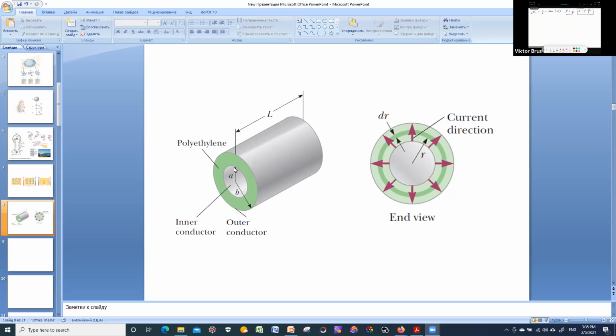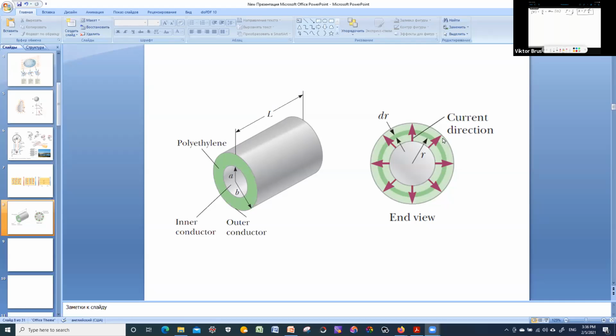The radius of the central hole in this cylinder is A, the radius of the cylinder is B, and taking into account the cylindrical symmetry of this case, it is convenient to consider radius at some distance from the center, and then delta R, a small change in radius, which defines a certain volume of the insulator.